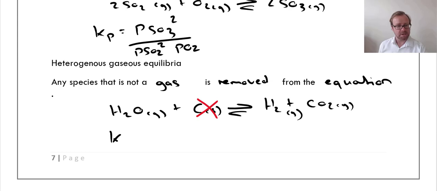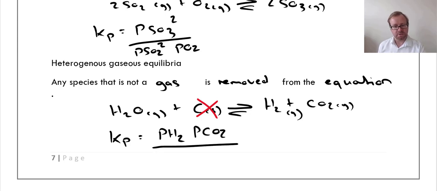So my Kp expression would be partial pressures of my products over my reactants. Okay, so very similar to the Kc expression as well, and we will move on.